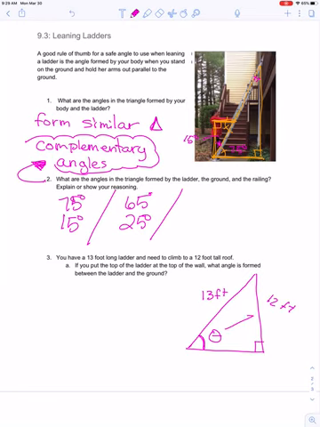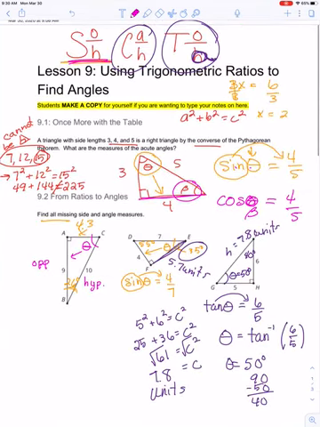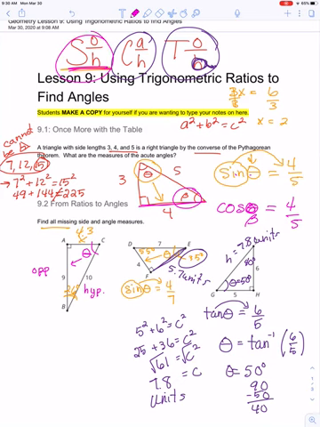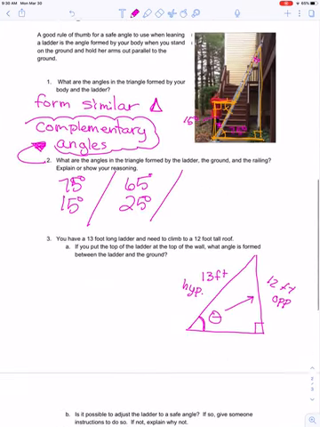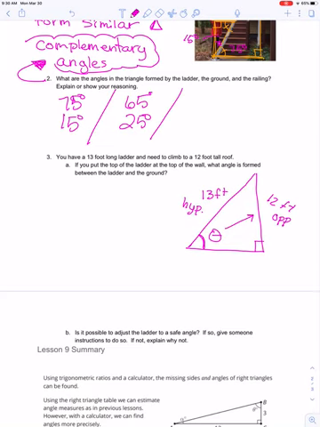So again, we have opposite. We have hypotenuse. So if you look back at your notes, opposite over hypotenuse is going to be our sine. So sine theta is opposite over hypotenuse.